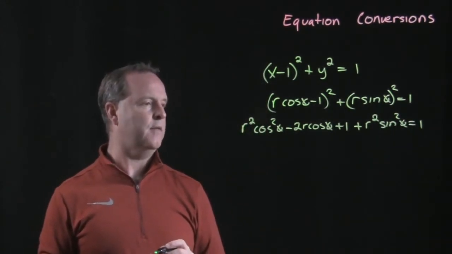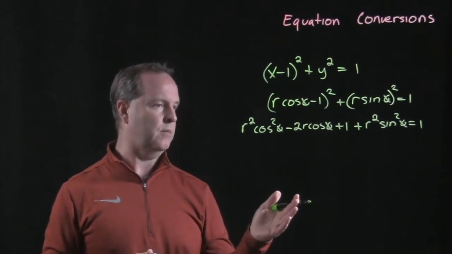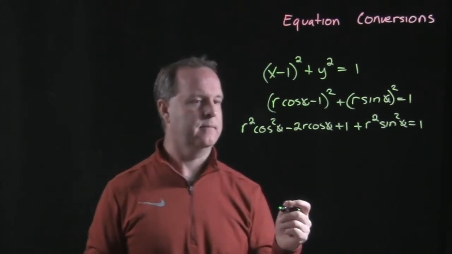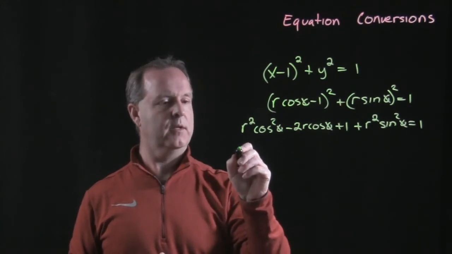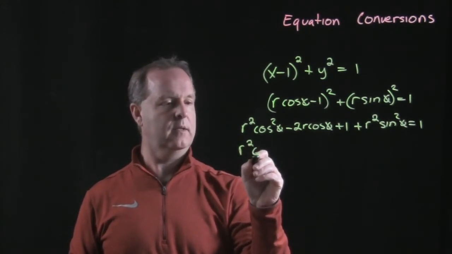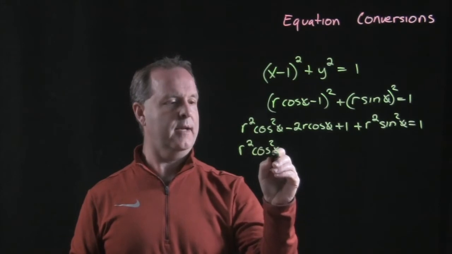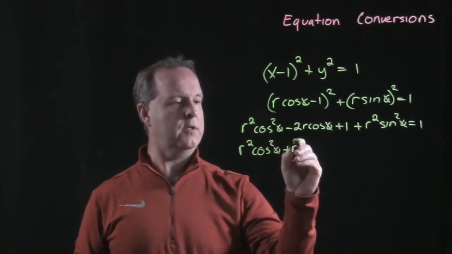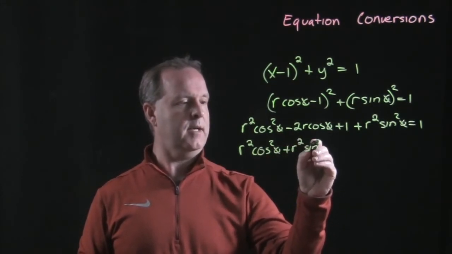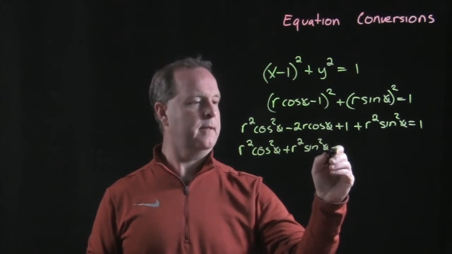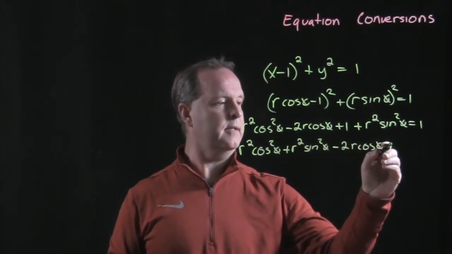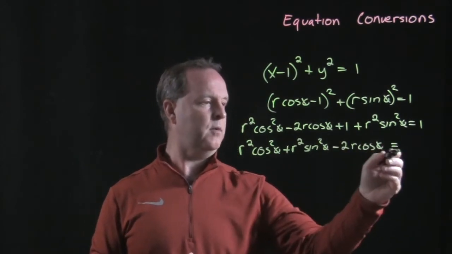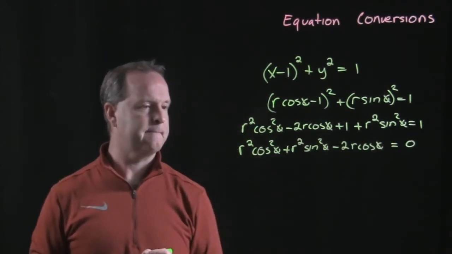To solve that for r, let's add -1 to both sides, and I'm going to get my r squared cosine squared together. So I have r squared cosine squared theta plus r squared sine squared theta minus 2 times r cosine theta equals, subtracting 1 from both sides, 0.